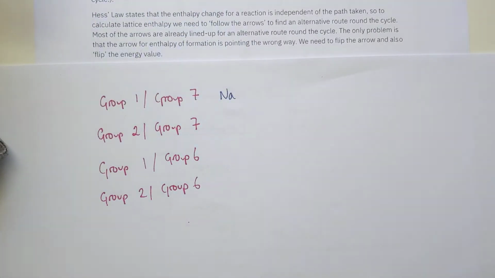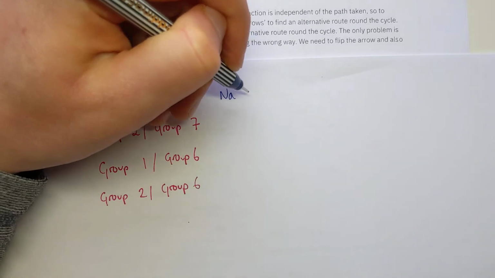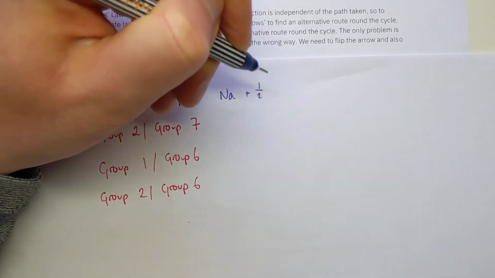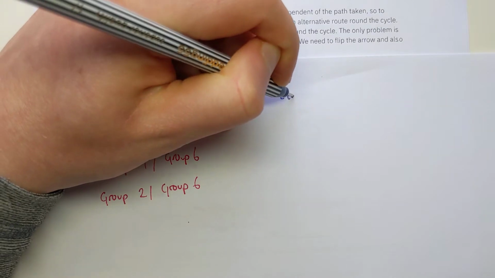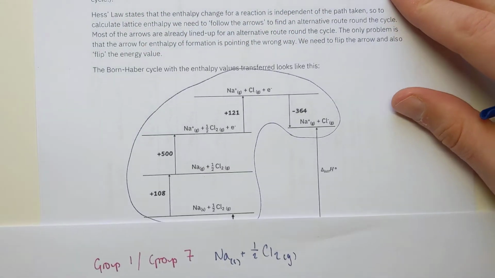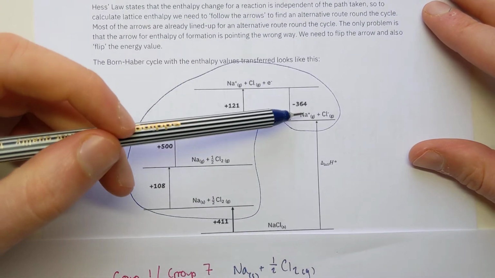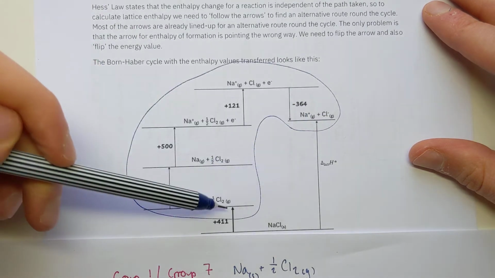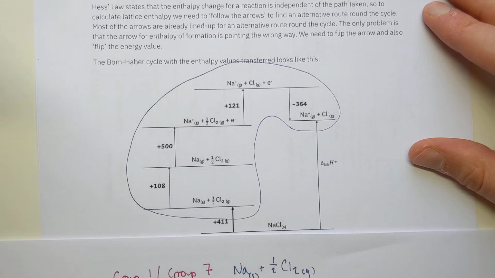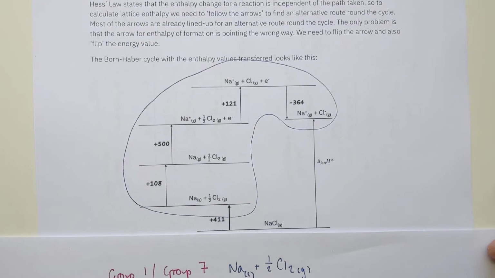Sodium is in Group 1 and chlorine is in Group 7. The bit I'm going to hone in on is where we're going from the elements all the way to the end of the cycle, where we're trying to get the 2 separate ions as gases. So I'm going from this step to this step. That's the bit that can be different depending on what ionic compound you're looking at.